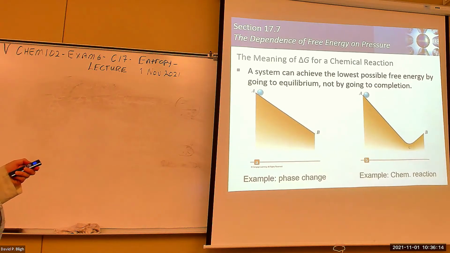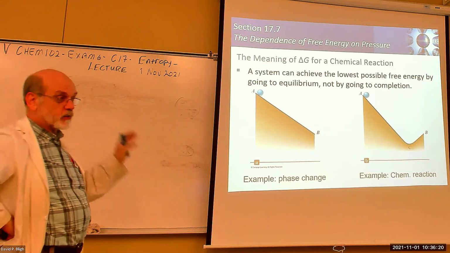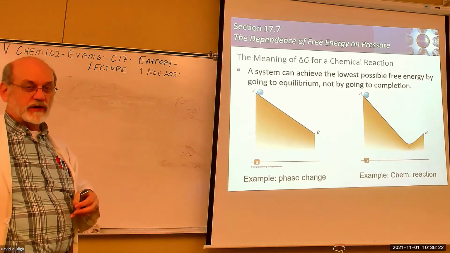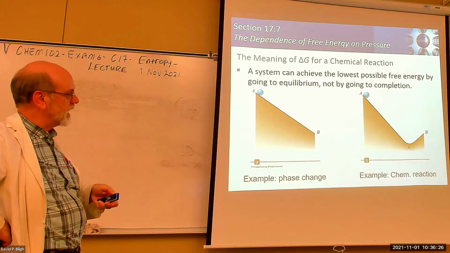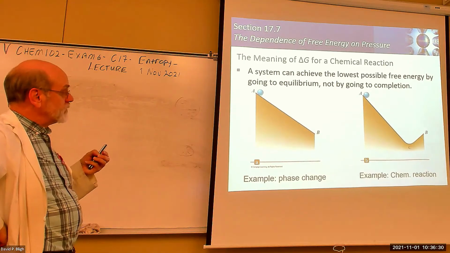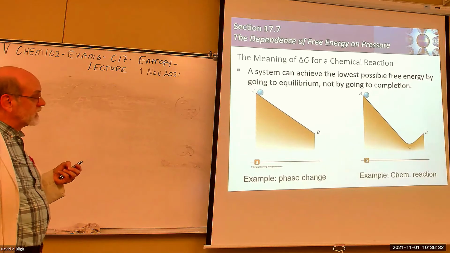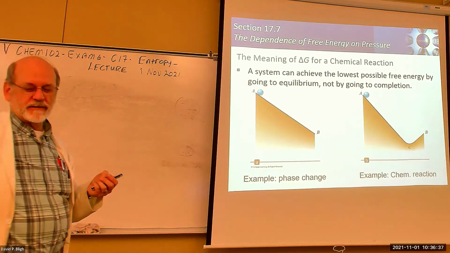So now we're going to apply delta G to a chemical reaction. Up to this point, we talked about any process whatsoever. Now we want to look at it. Well, we sort of interjected chemistry a couple of slides ago. So a system can achieve the lowest possible energy by going to equilibrium, not by going to completion.